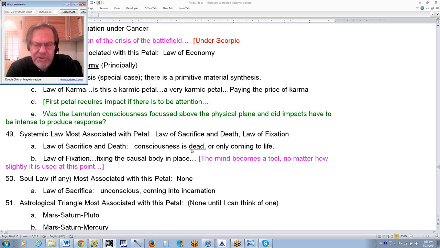And all of this is for a sacrificial impulse. So the greatest sacrifice for the soul spirit is to be bound and contained in a restricted place with the loss of so many faculties. So it's definitely the law of sacrifice in kind of an inverted manner that is operating in relation to this petal.